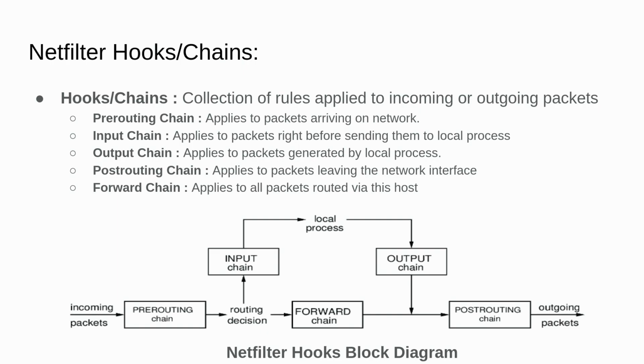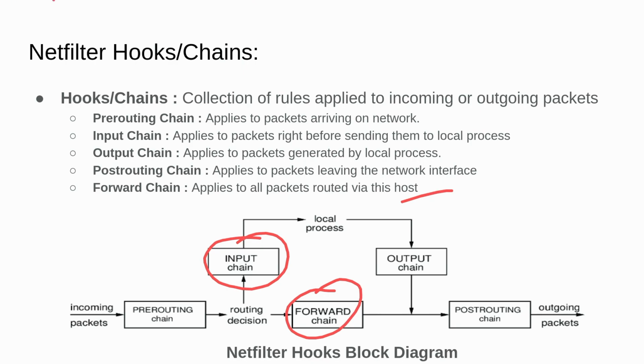Regarding the first chain, the pre-routing chain, this is the location where all the incoming packets arrive, and any rule which has to be applied before a routing decision takes place is added to this pre-routing hook. After the routing decision takes place, we have the input chain and the forward chain.